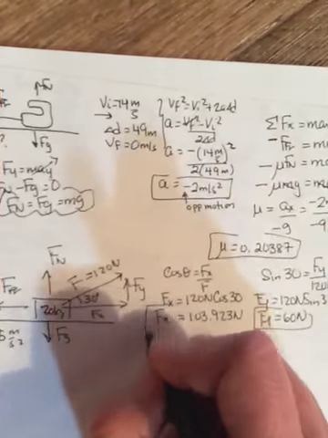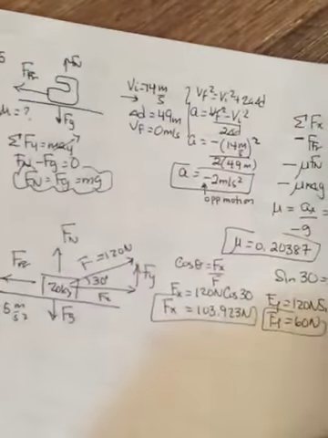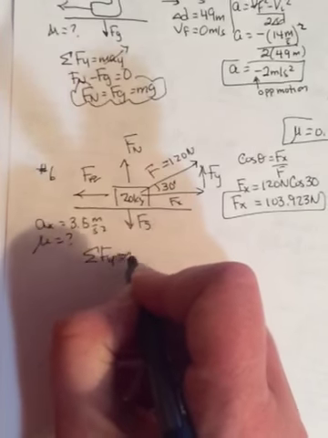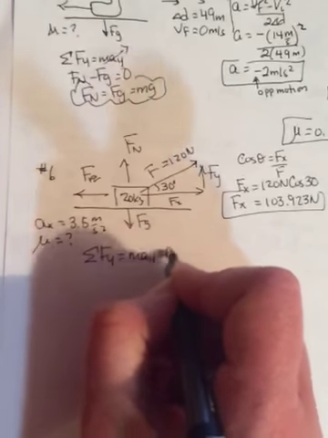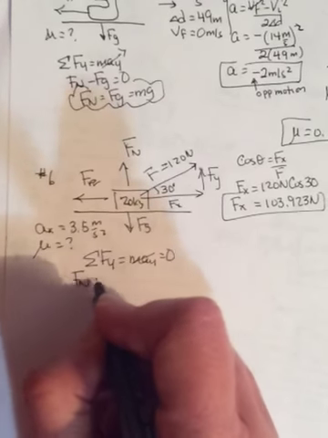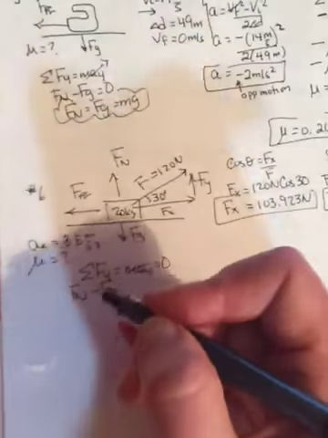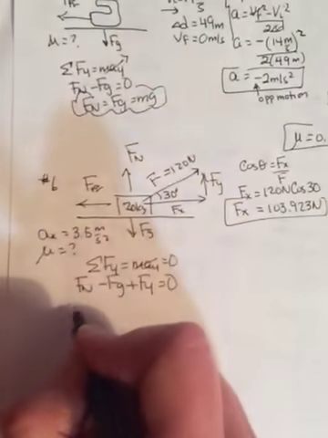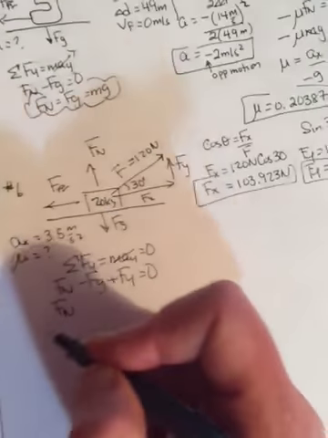Okay? All right. Then we go to sum of the forces in the y. It's going to be equal to 0. And we have Fn minus Fg, and Fy is going up, so it's plus Fy equals 0. Always trying to solve for Fn.